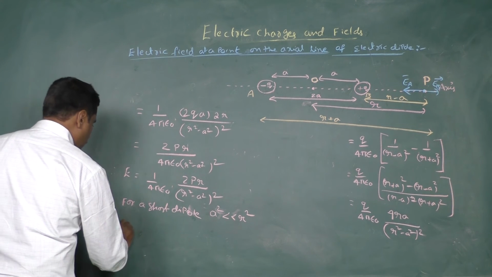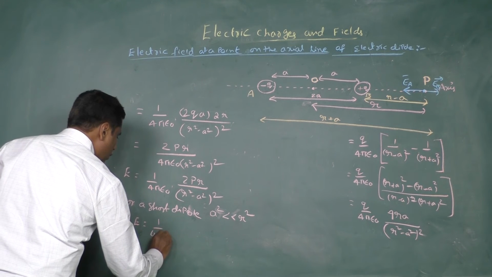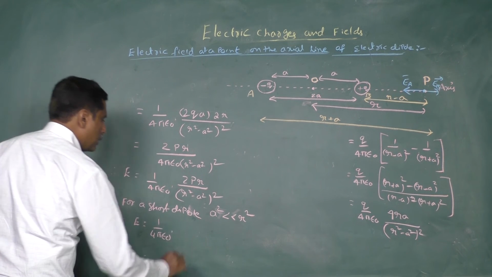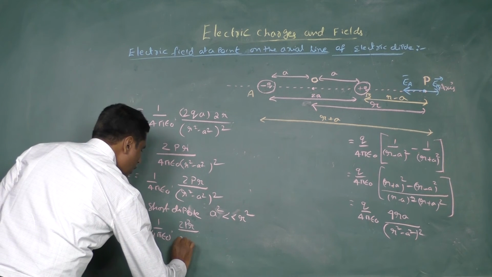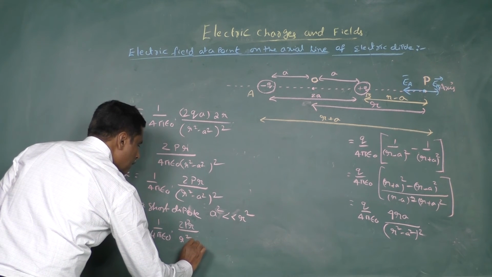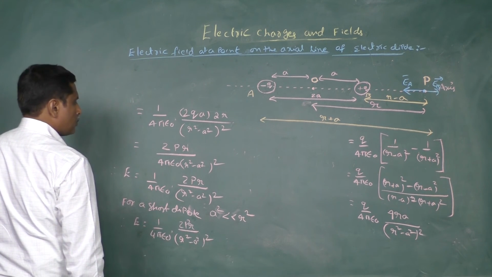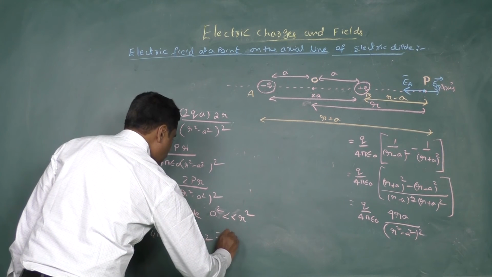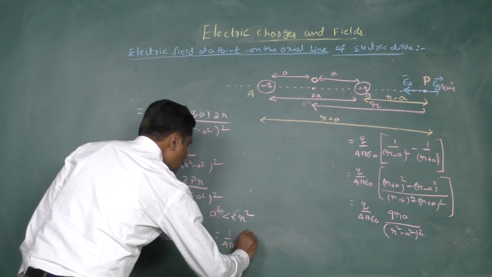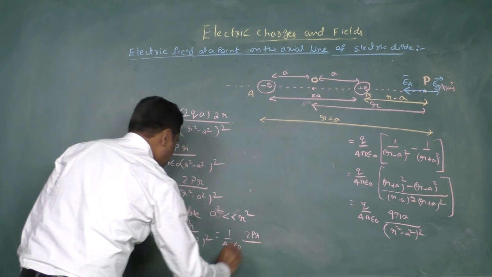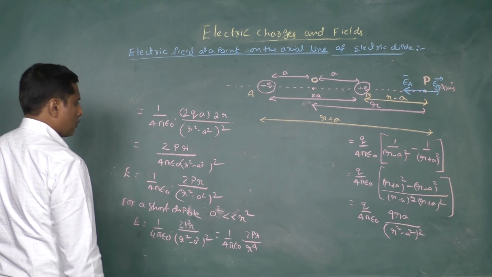Here, therefore, we can write E is equal to 1 by 4 pi epsilon naught into 2P into R by (R square minus 0 square) whole square. That is equal to 1 by 4 pi epsilon naught into 2PR by R power 4.